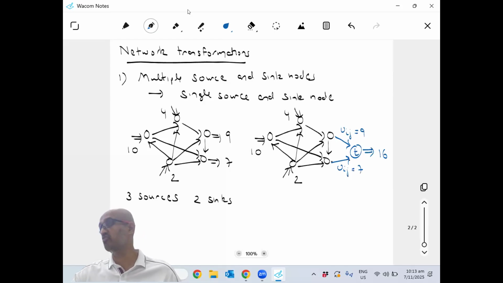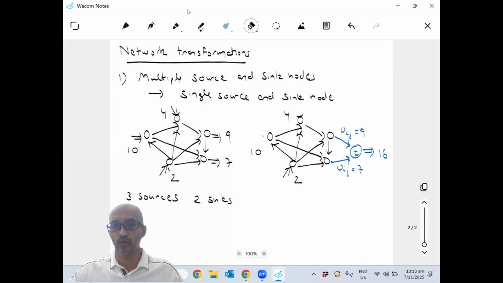If I have to send in 16 units here and my capacities are 9 and 7, there's only one way to do it. Upper bounds are 9 and 7, so I have to send 9 on this and 7 on this. I can do the same thing on the source side.